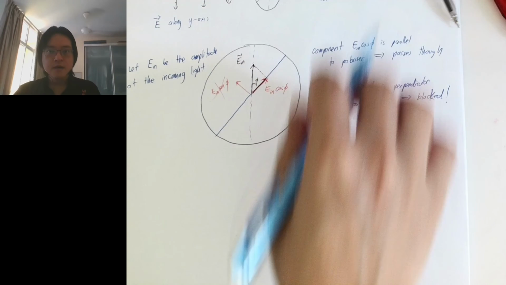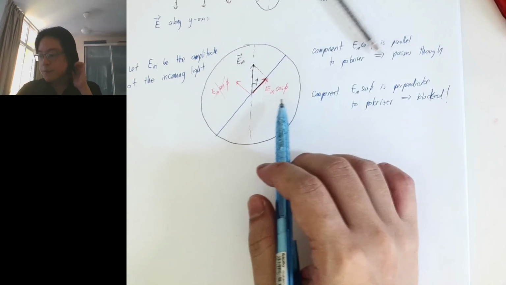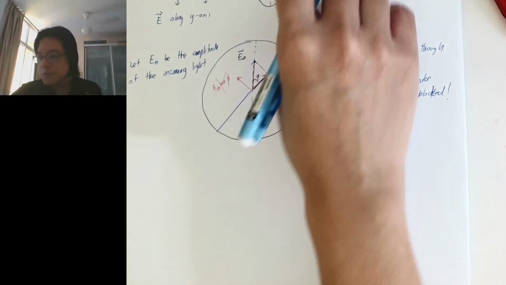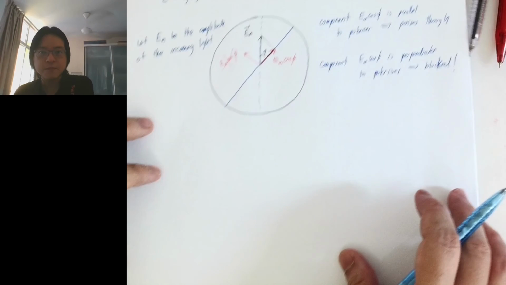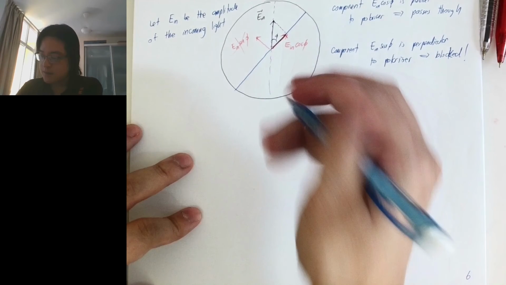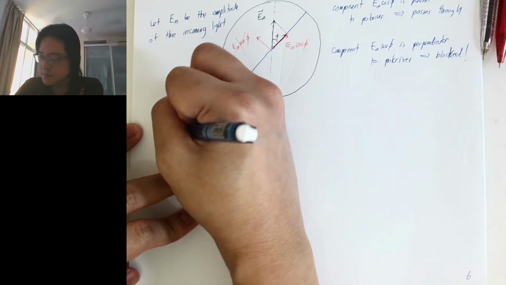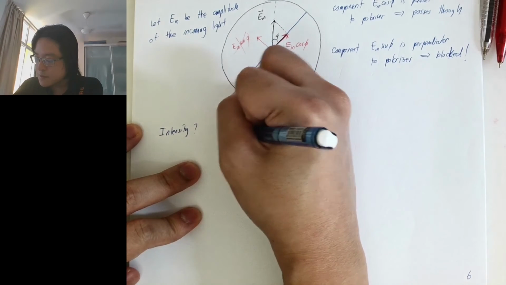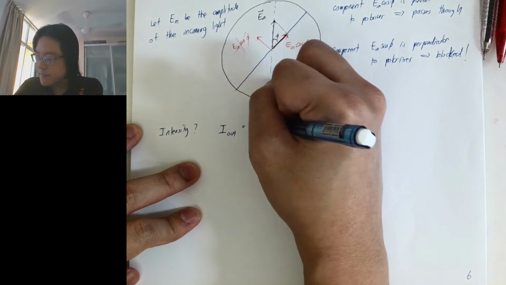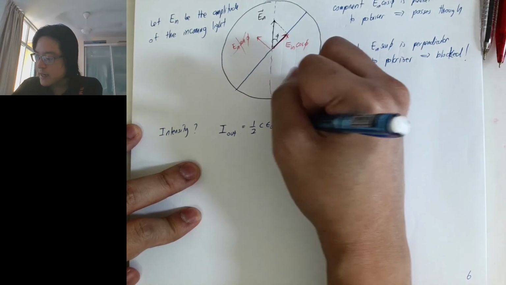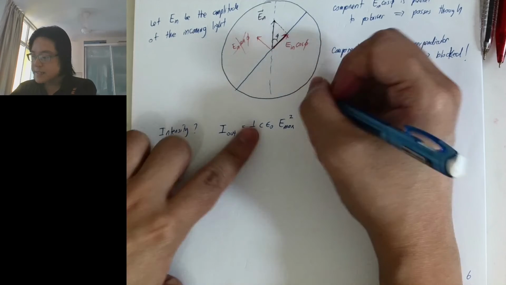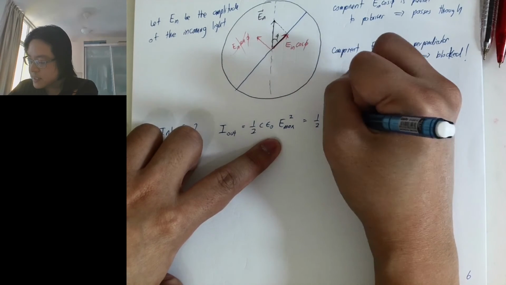So that means the output will have the amplitude reduced by this. We can now calculate what happens to the intensity. The intensity of the output is just half c epsilon times the amplitude squared.